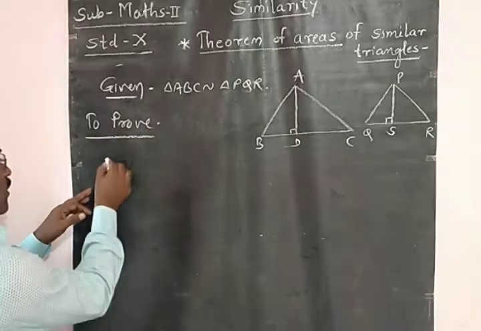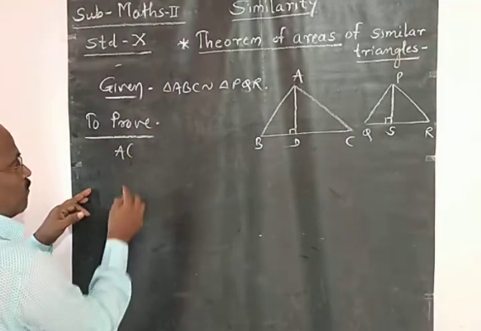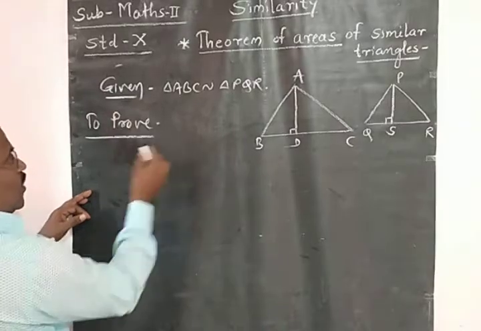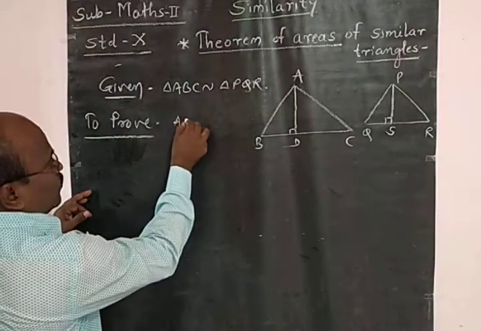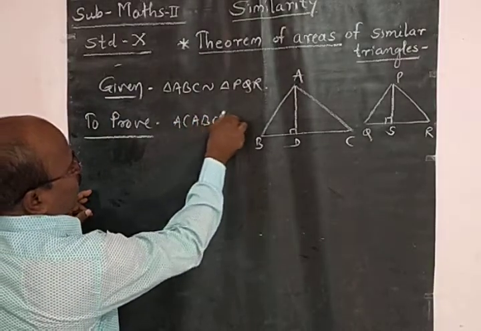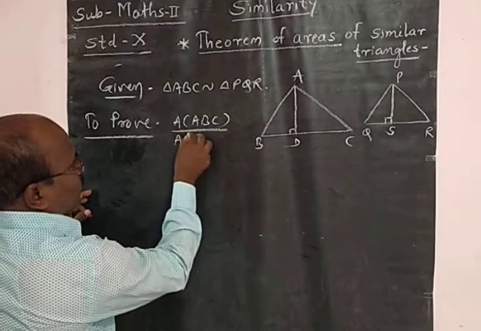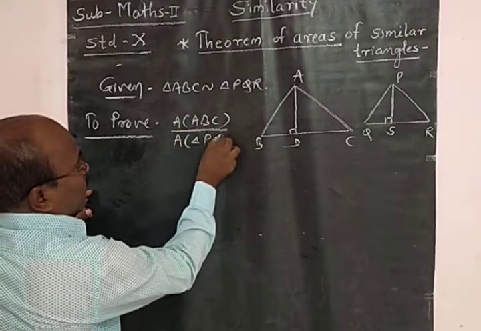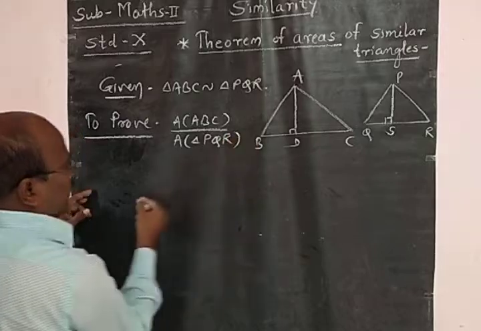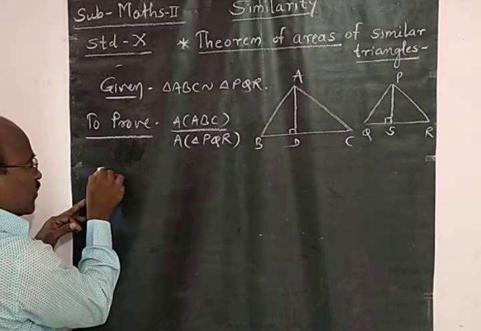What is to be proved here? Area of triangle ABC divided by area of triangle PQR is equal to, what is to be written here?